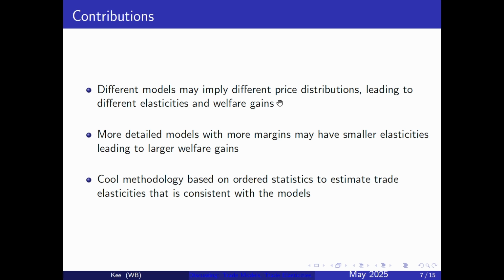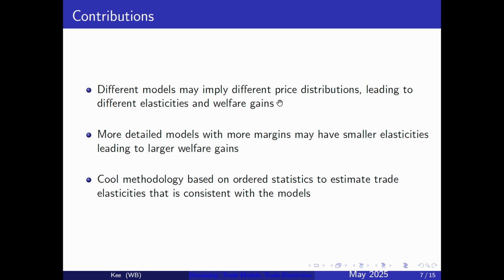But nevertheless, this paper is very good. I really appreciate the rigor that goes into this. They tell us that different models will have different implied trade elasticity. It really depends on the context. And the more detailed the model is, in terms of margins, the smaller the elasticity and therefore the larger the gains from trade.